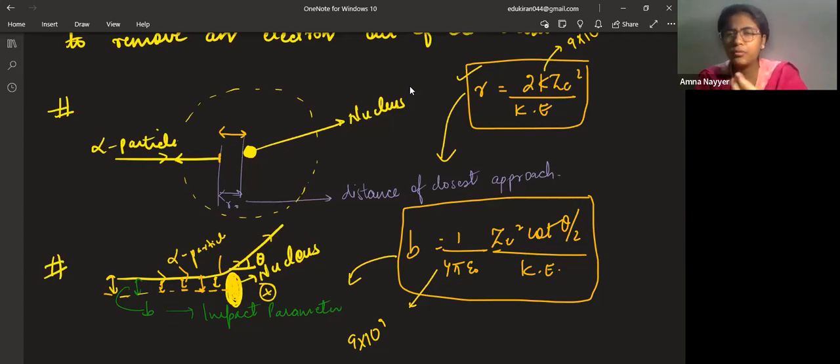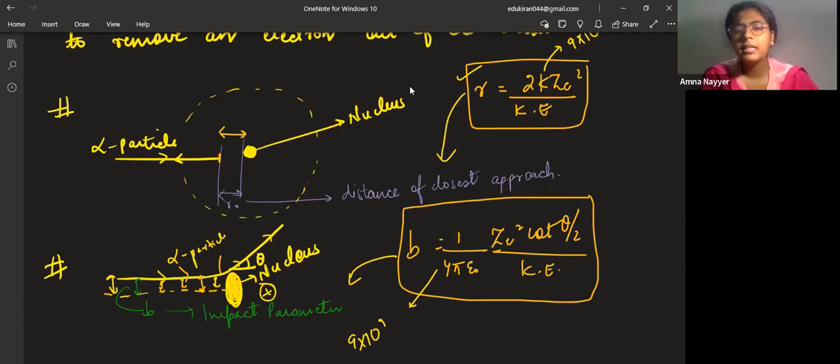Some showed very slight deflection. Some particles bounced back exactly, making an angle of 180 degrees. That means something massive is present which is repelling it. That showed that the nucleus has a positive particle in it.